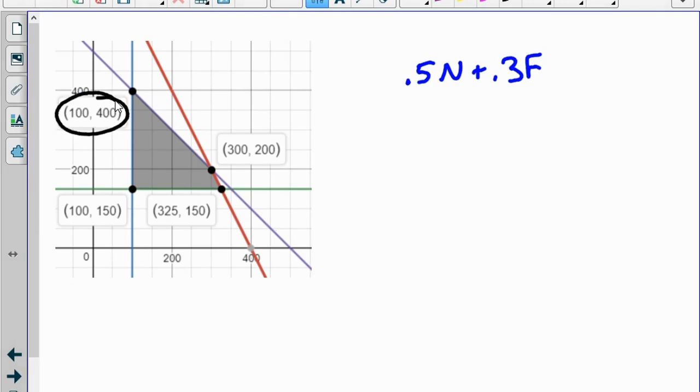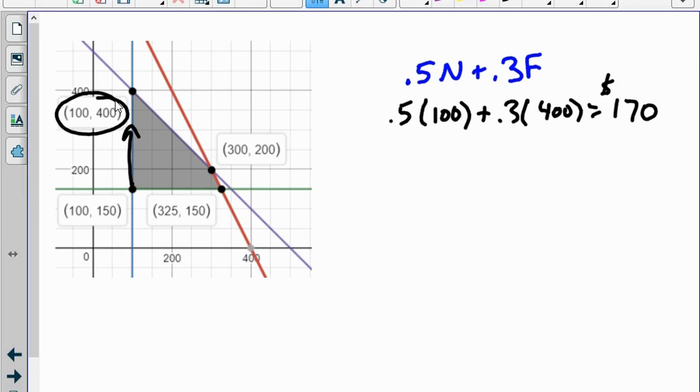We'll take a look at all three of these points that might possibly maximize it. 100, 400 probably won't, but it's above 100, 150 on the line, so we should probably check it anyway. So 0.5 times 100,000 notebooks plus 0.3 times 400,000 folders gives us 170, which represents a profit of $170,000 in a week. Let's try the other two points.